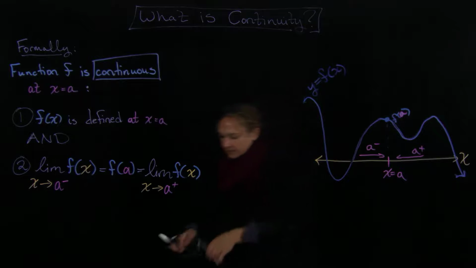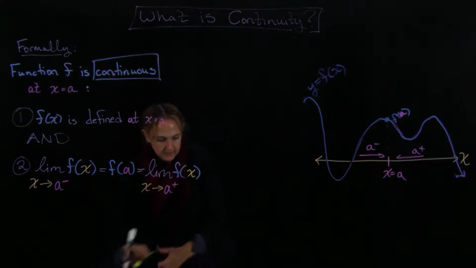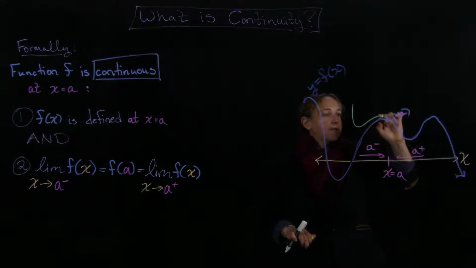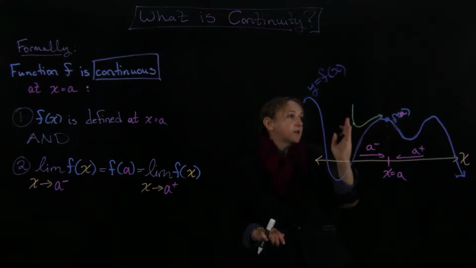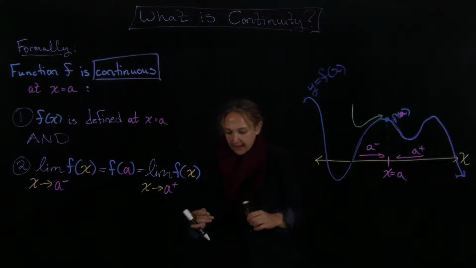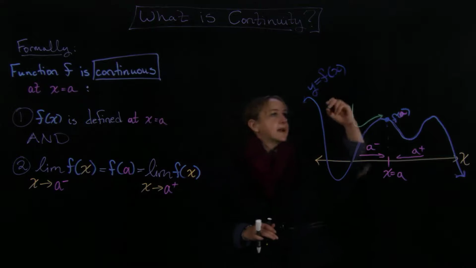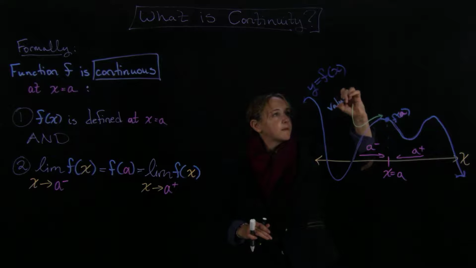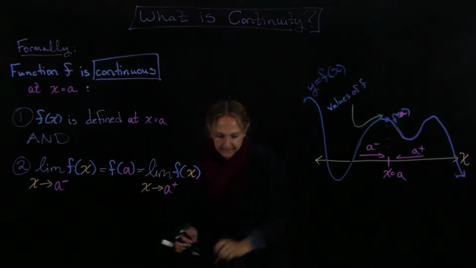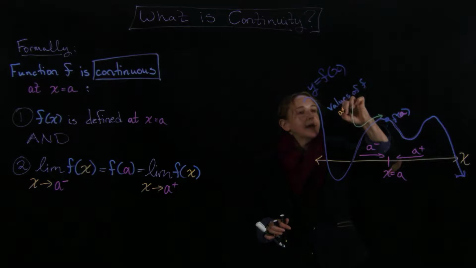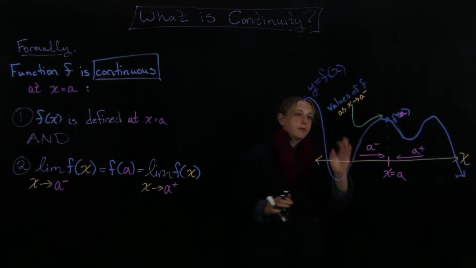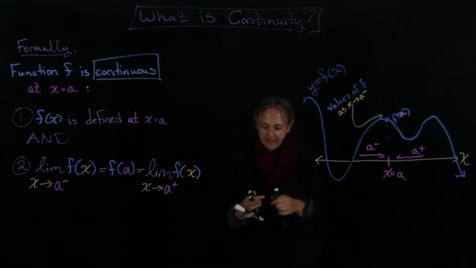Okay, so I'll do this with a different color, so we can see what is happening to my f values as I put in x values that are closer and closer to a but are less than a. So these are my values of f as x approaches a from the left-hand side. I want those to close in on this value, and I want the same thing to happen on the other side.